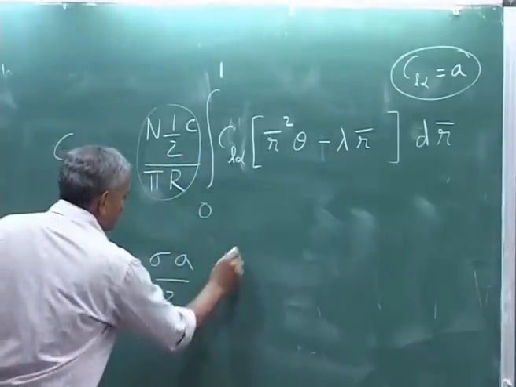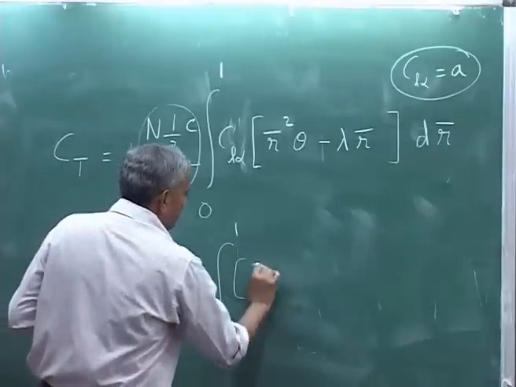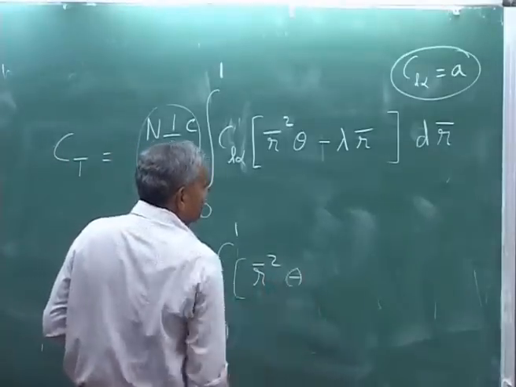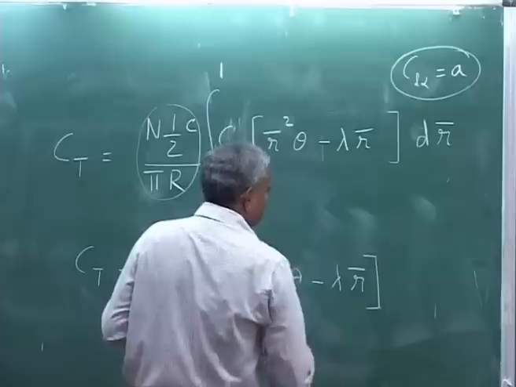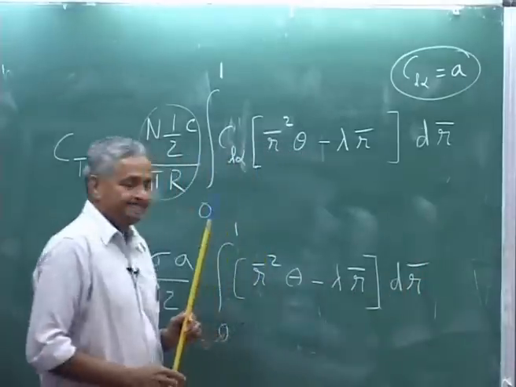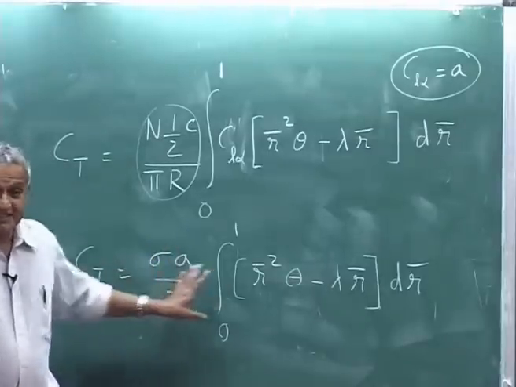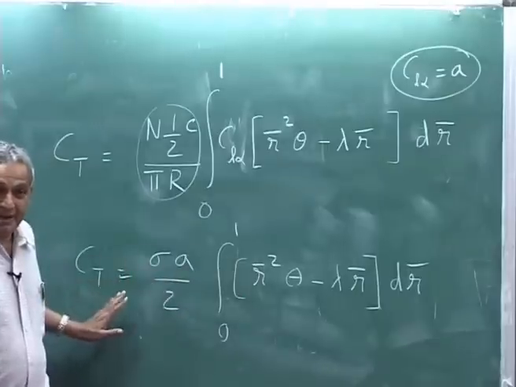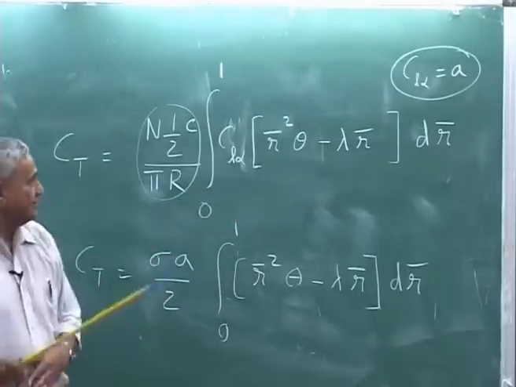sigma A over 2, integral 0 to 1, r bar square theta minus lambda r bar into d r bar, okay. This is my Ct, which is the non-dimensional, actually the first expression dT is there, right.